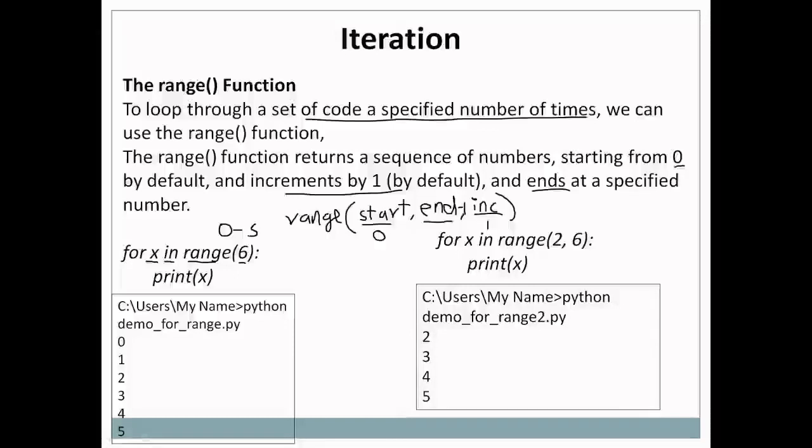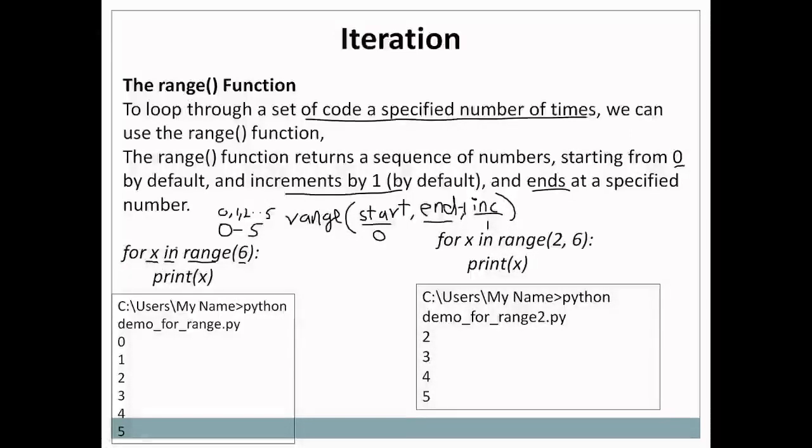As the end is 6, that means end minus 1 will be 5. So it will create the sequence of numbers from 0 through 5: 0, 1, 2, 3, 4 and 5.